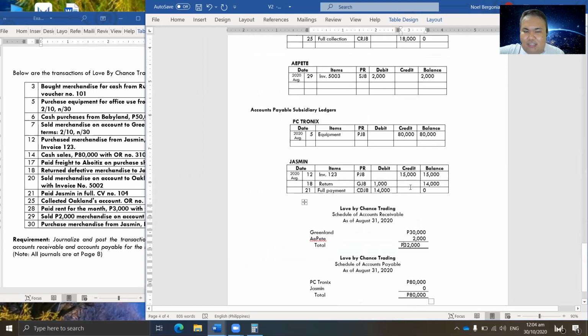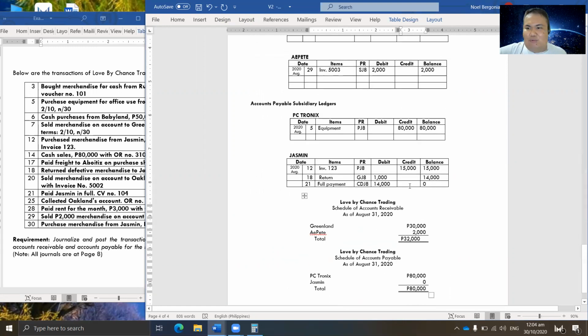Okay? So I think I'm done already with the discussion of the flow of how we journalize it in the special journals, even to post in the subsidiary ledger, and also in addition to prepare a schedule of accounts receivable and payable.